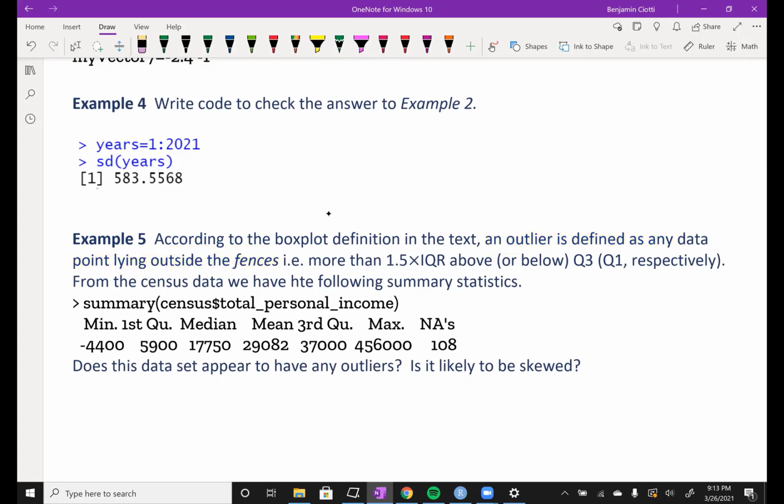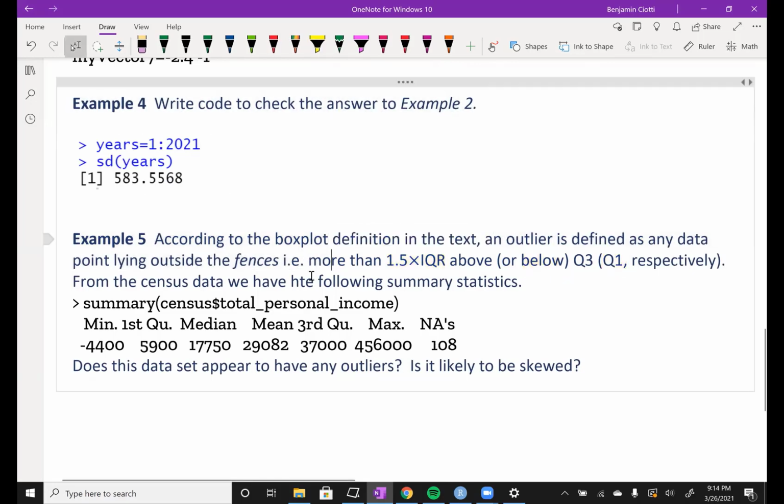These fences are defined in the definition of a box plot. So you've got your upper fence, which is 1.5 times the interquartile range above the third quartile. You've also got your lower fence, which is 1.5 times the interquartile range below the first quartile.